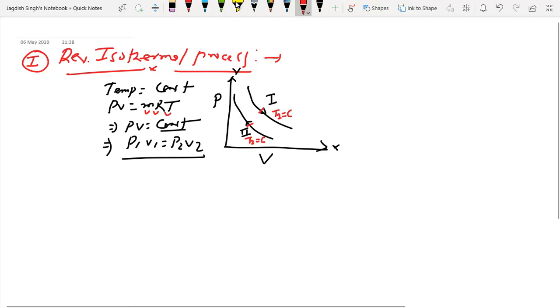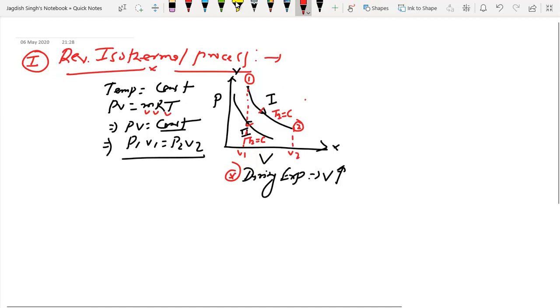One important thing, you need to understand this basic concept: during expansion, volume increases. This is basic logic. In process 1, let us suppose this is state 1 and this is state 2. In state 1, let us suppose the volume is V1 and here it is V2.